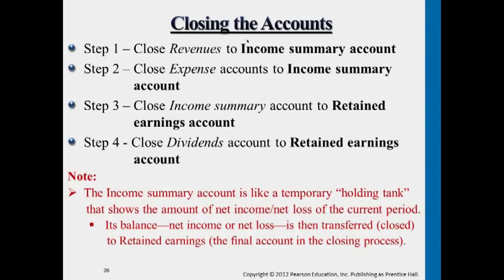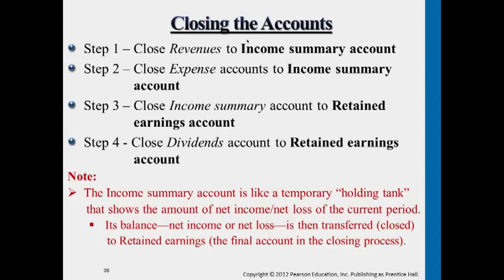Now we only have income summary and dividends left. So what we're doing in the third step is to close income summary and transfer the amount to retained earnings. What that means is really transferring net income. By these amounts, it's pretty obvious that the company has net income here, worth $3,000. Now we want to immediately close out this account.